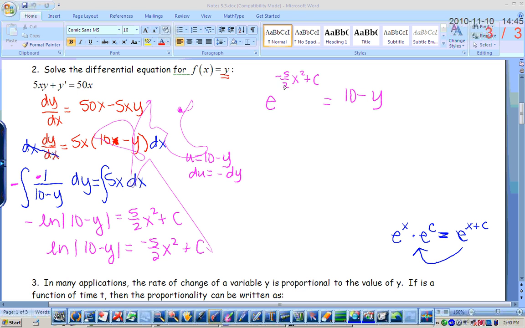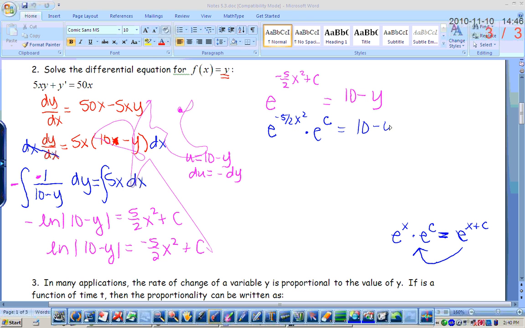So e to the negative 5/2 x squared plus c would be e to the negative 5/2 x squared times e to the c, because you're multiplying like bases, and all you'd have to do is add the exponents. Well, e to the power of a constant, what can you tell me about that number?